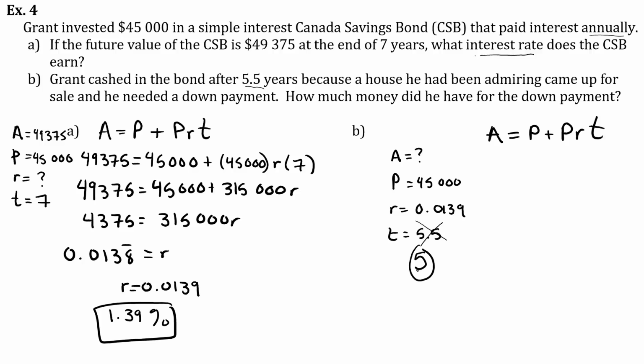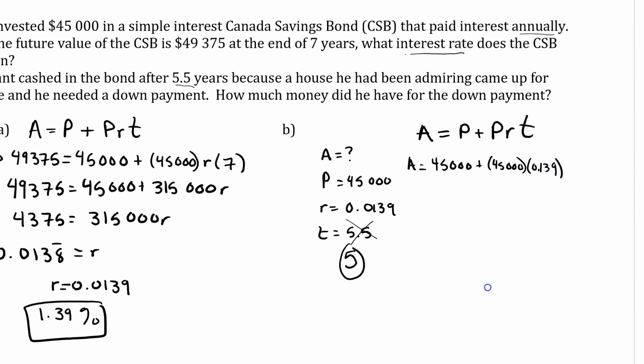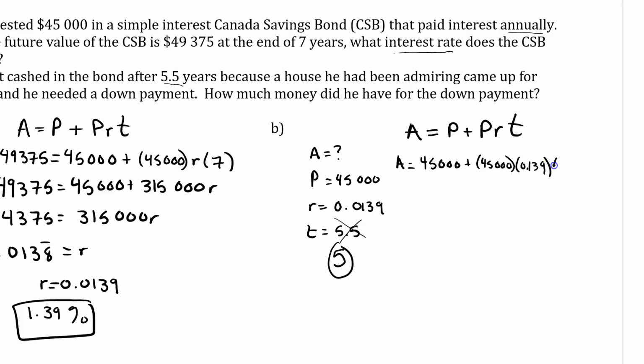So let's put this into our equation here. So A equals P, which is 45,000, plus 45,000 times that interest rate that we calculated, 0.0139. And again, we're not going to use 5.5 because it gets paid out annually. We can only use 5 because that's the last time the interest was paid out.